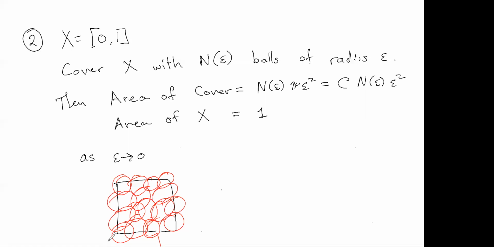However, as epsilon gets smaller, more or less intuitively, that excess area should go to 0. We should be able to more efficiently cover the square.